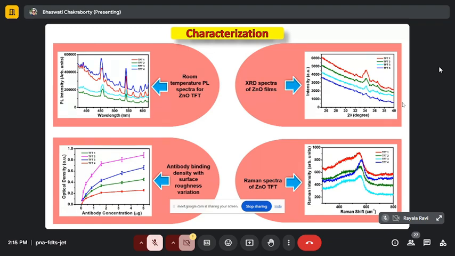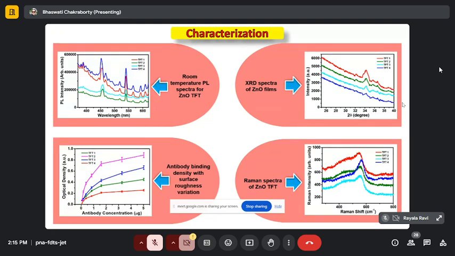The NBE versus DLE ratio degrades as we move from TFT1 to TFT4. TFT1 represents the batch of sensors with 90 seconds of deposition time, and TFT4 depicts the batch with 170 seconds of deposition time.